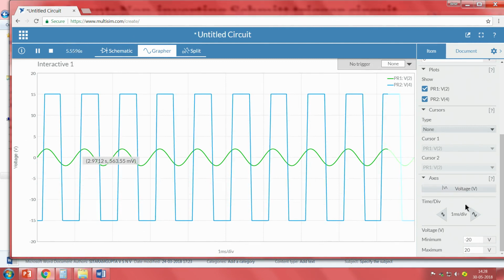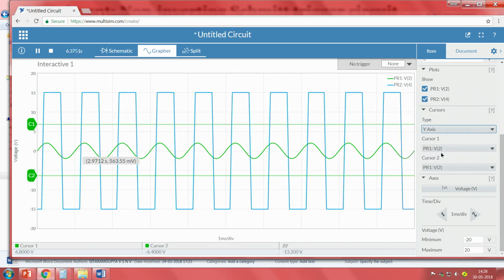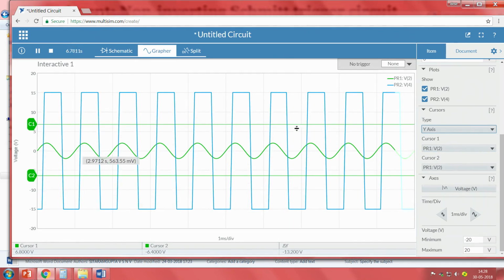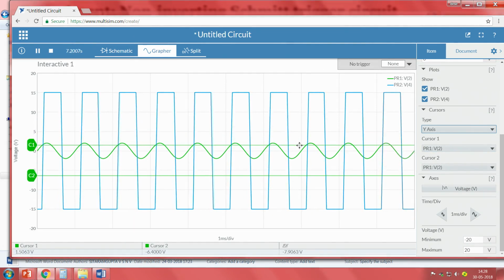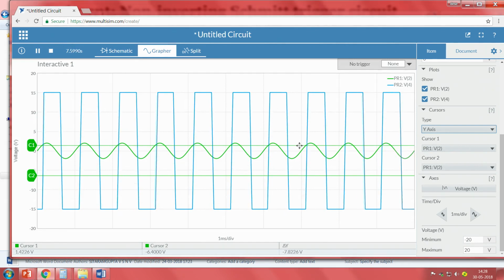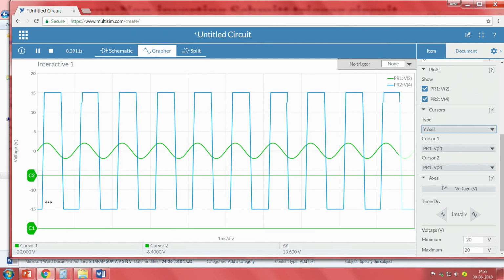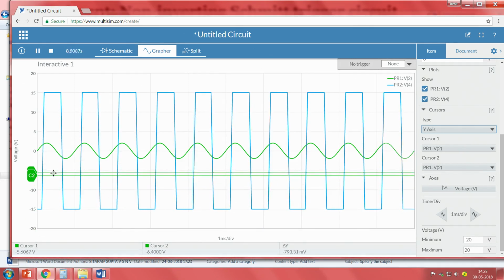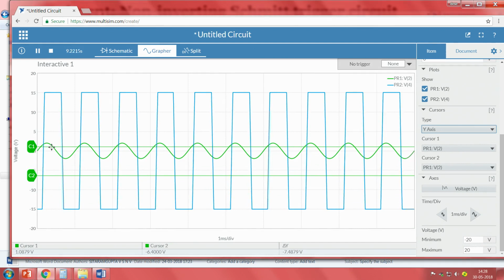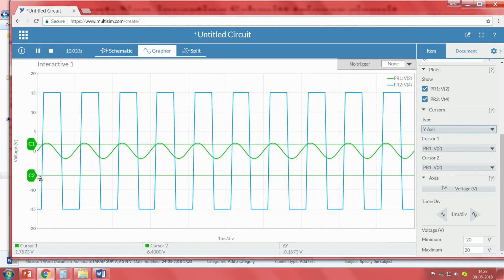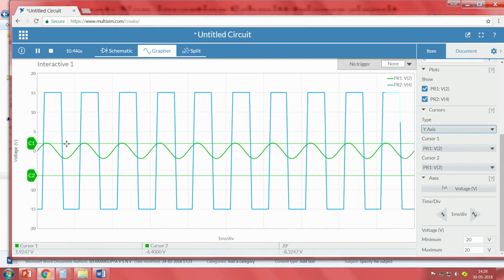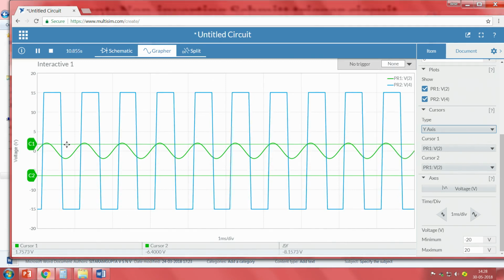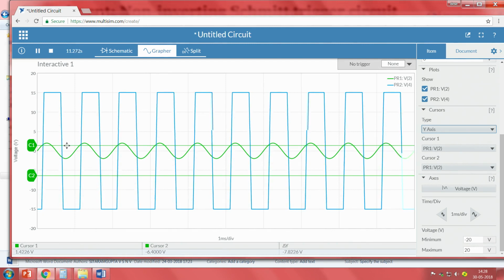What I will do is go to the y axis cursor. One cursor should be at 1.5 volts, right. When you look at this particular point, we can see where exactly the cursor is. Cursor 1 is somewhere around 1.8, so I have to make it 1.5. Oh, it slightly crossed 1.5, so I will move towards 1.5 volts.